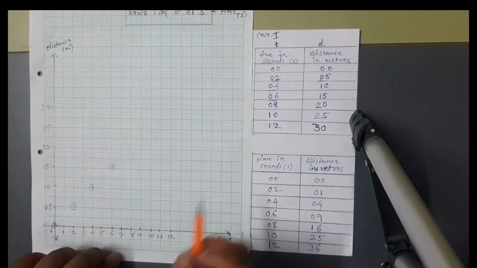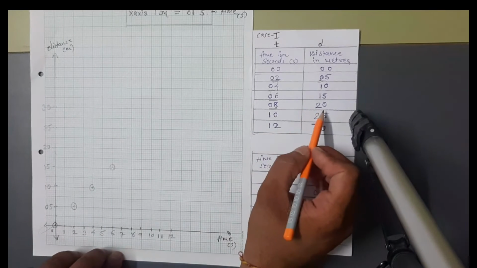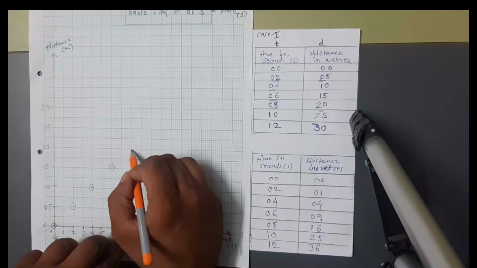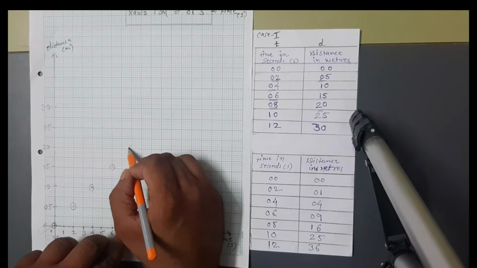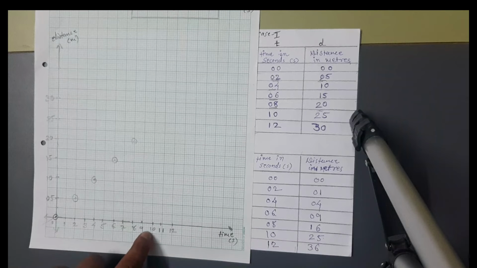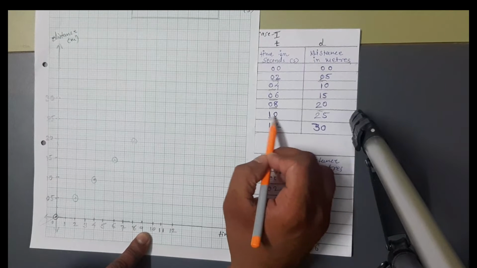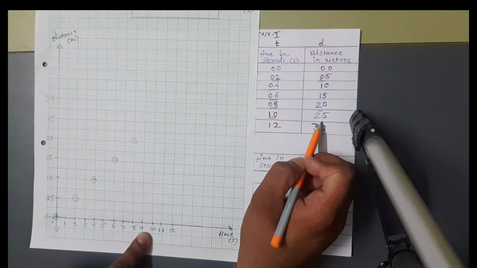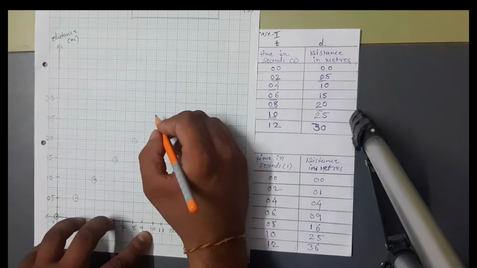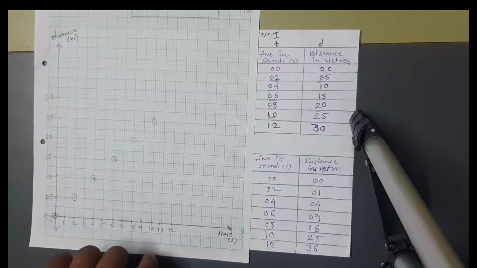The next reading, when the time is 8 seconds we are getting 20 on the y-axis. When the time is 10 seconds, our distance is 25, so when it is 10, I will get it here at 25.